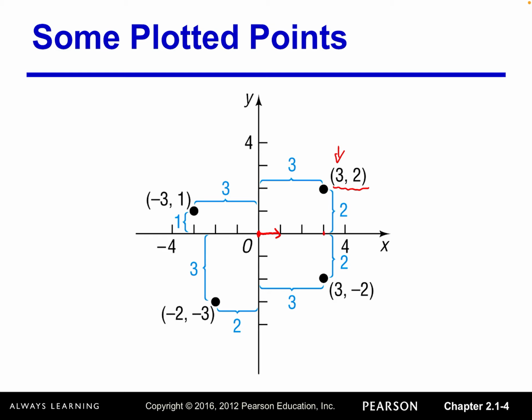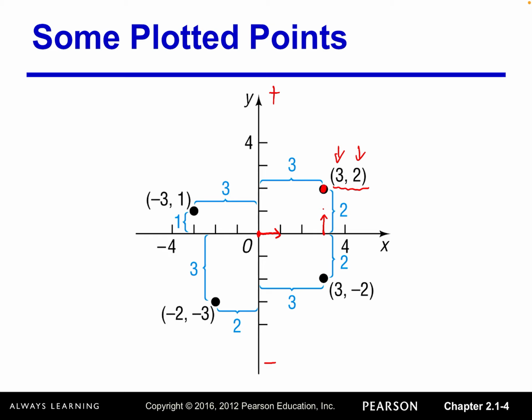Then read the y coordinate, positive 2, so go up. On the vertical y-axis, the positive direction is up and the negative direction is down. So I go up 2 units, 1, 2. That's how we got this point.